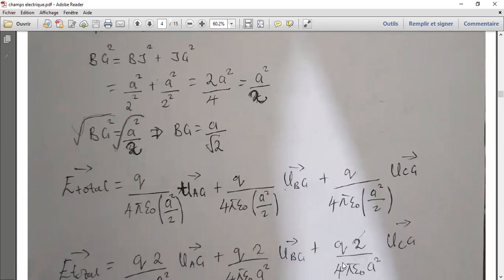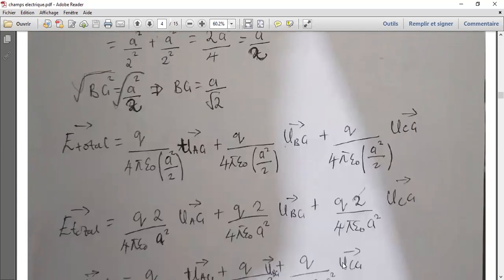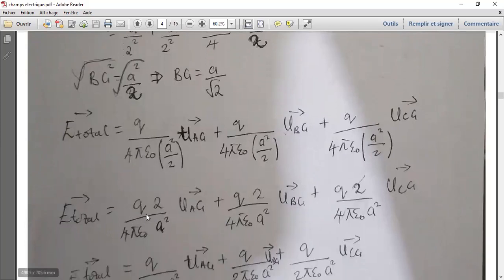Then when you do your mathematics, you know that when you're dividing a fraction, the one which is down goes on top, and the one which is on top goes down. So you have Q squared over 4 pi epsilon 0 A squared UAG plus Q squared over 4 pi epsilon 0 A squared UBG plus Q squared over 4 pi epsilon 0 A squared UCG.